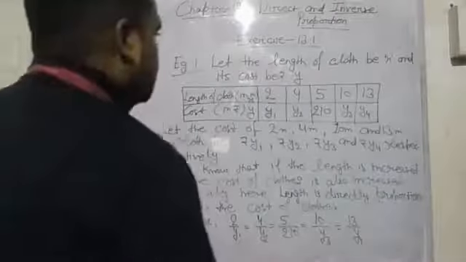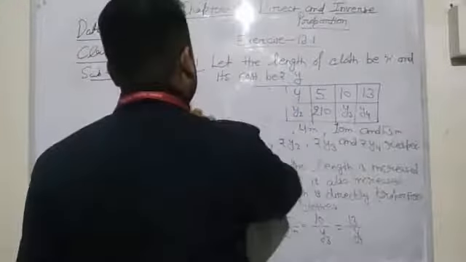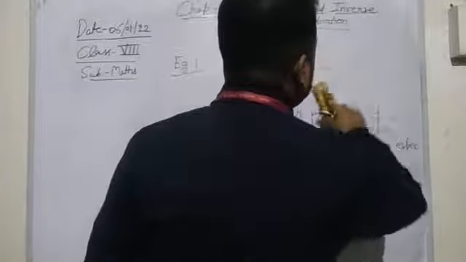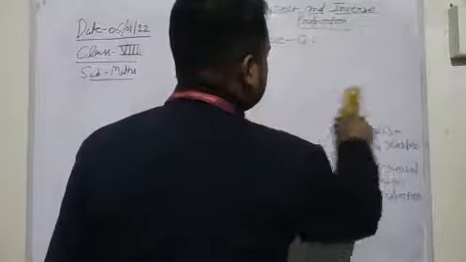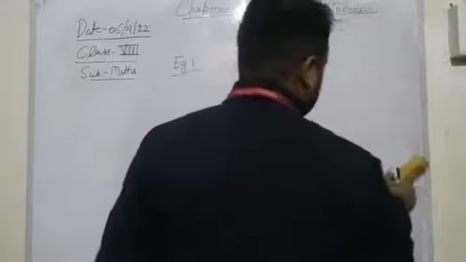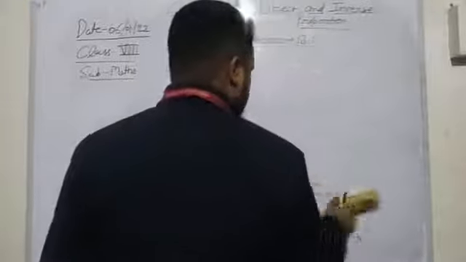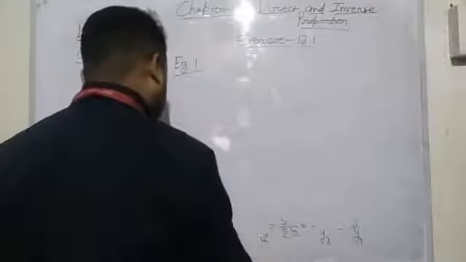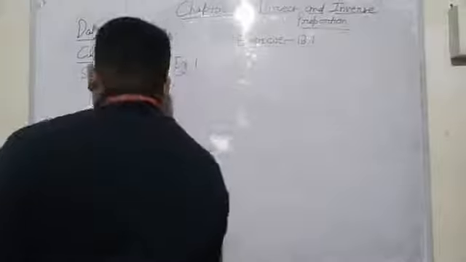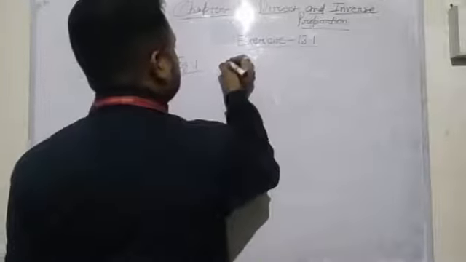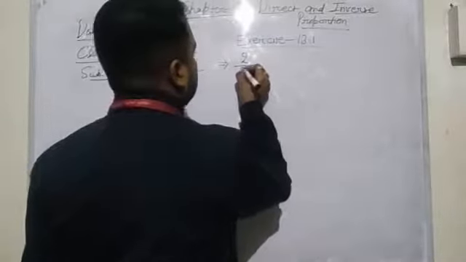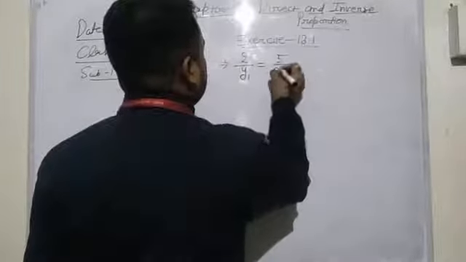Now I am going to solve the remaining part. Now we take two values from the above. 2 upon y1 is equal to 5 upon 210.